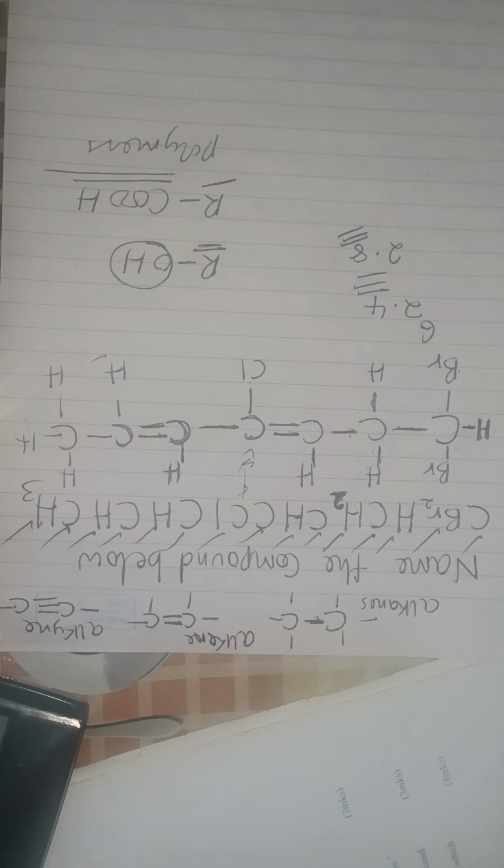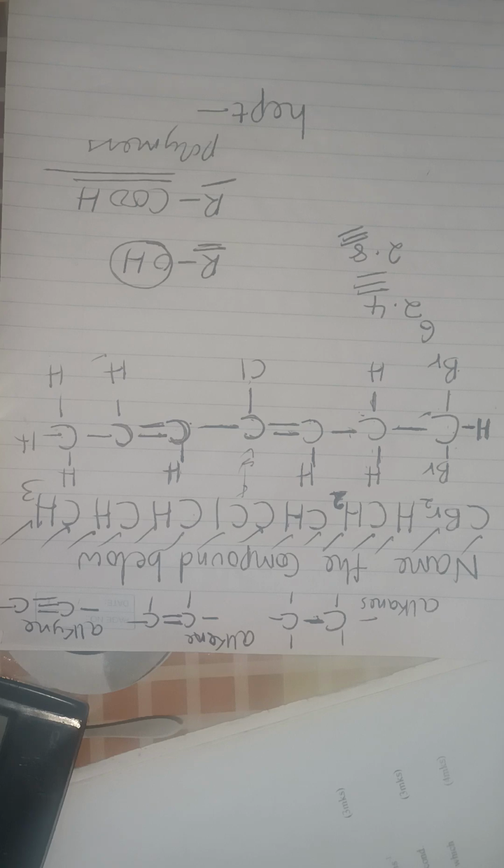Next is to look at the longest carbon chain. Let's look at this: 1, 2, 3, 4, 5, 6, 7. So 7 must have a parent name, which is hept.